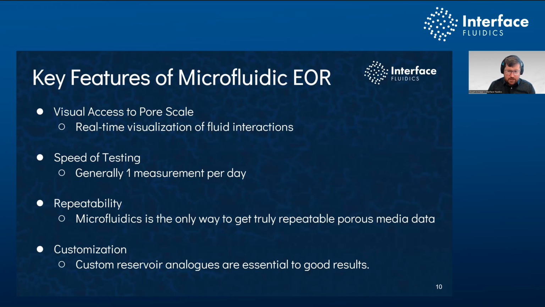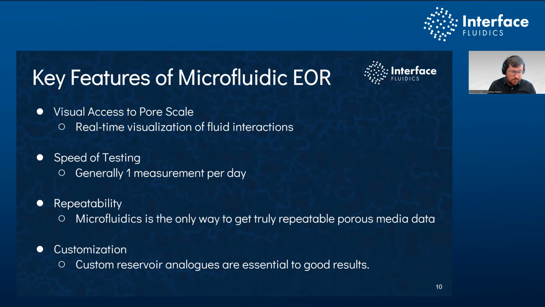Now, repeatability is a thing that microfluidics really excels at because the only way to get truly repeatable porous media data is through controlling your porous media, which is not possible with traditional core floods, and microfluidics opens the door to this. And finally, customization is really critical to getting a good data set. As we know in almost all aspects of trying to predict flow through porous media, getting a custom idea of how our porous media and how our reservoirs behave is critical to getting good predictions.